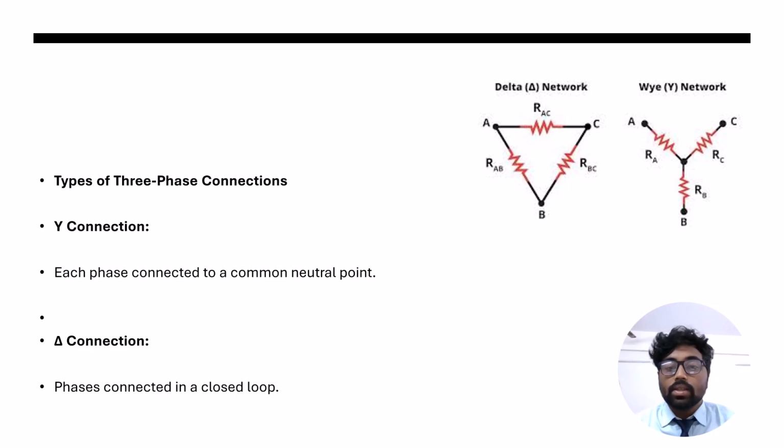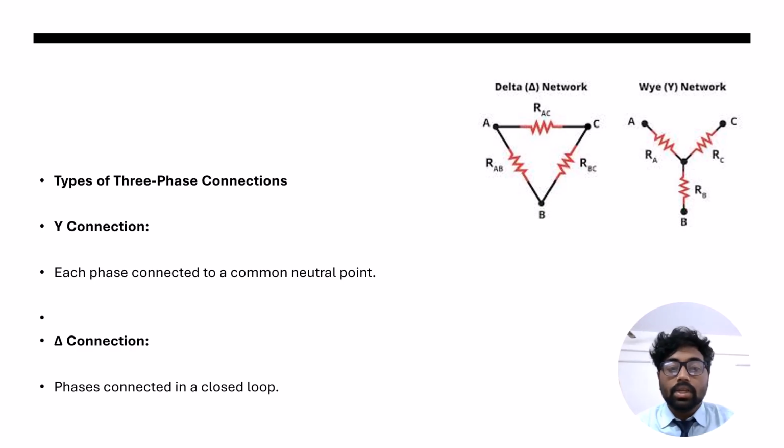We can see a common connection in this photo. And then if we see the delta connection, the phases are connected in a closed loop, we can see the picture of delta. The connection is connected in a closed loop.